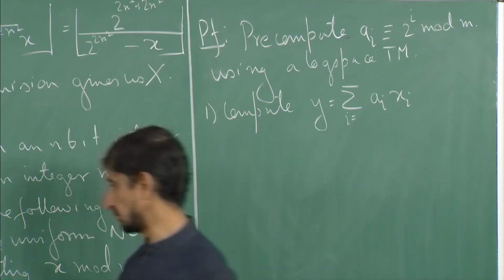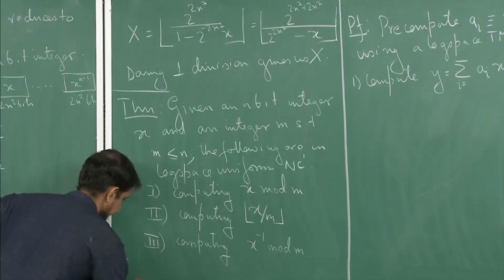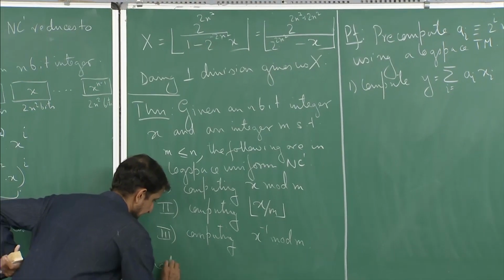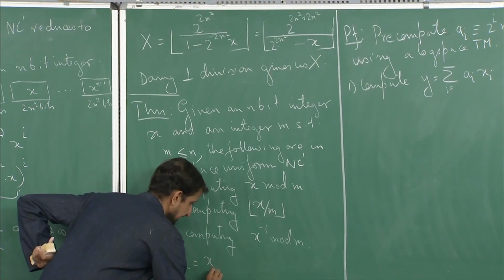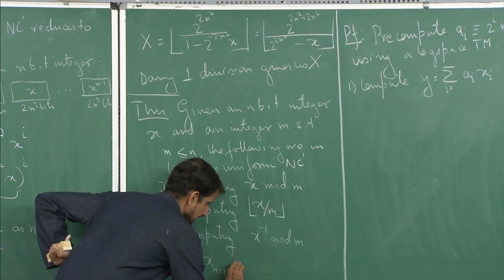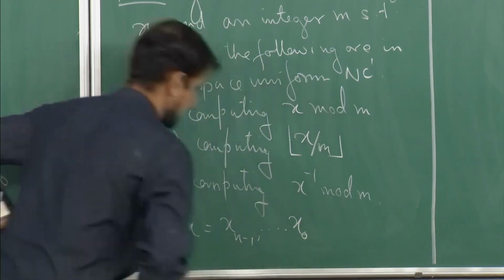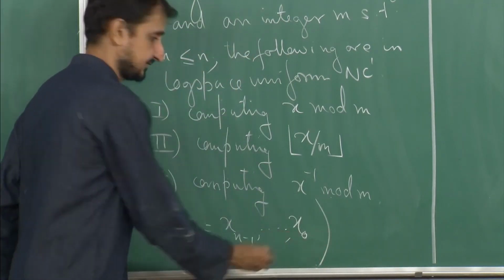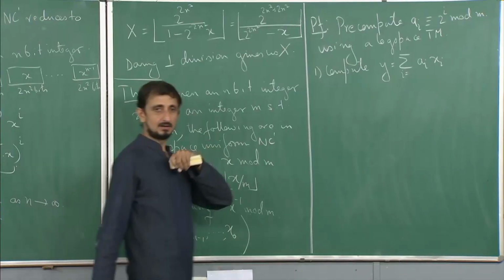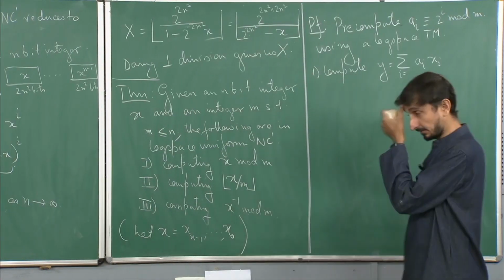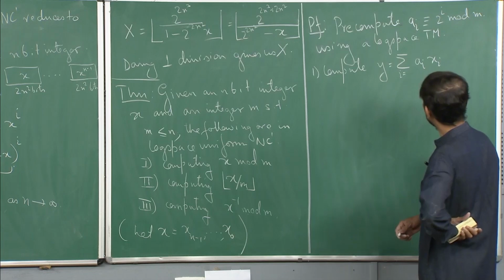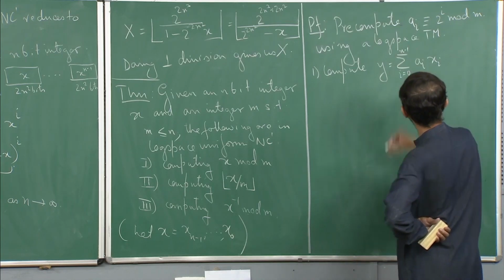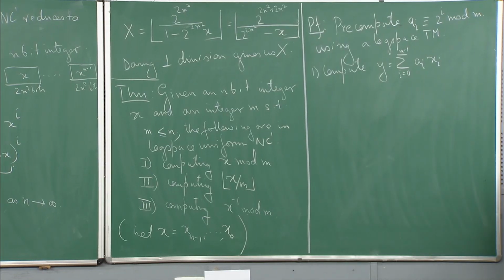Let me just write this here in brackets, that let x be the bit string x_{n-1} up to x_0. So x is this bit string. When I say x_i, I mean the ith bit of x. So, I compute y, which is sigma i equal to 0 up to n minus 1 of this.